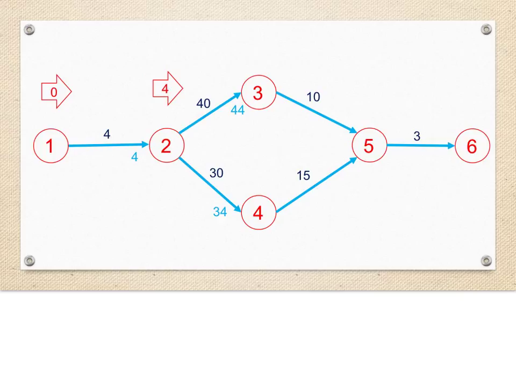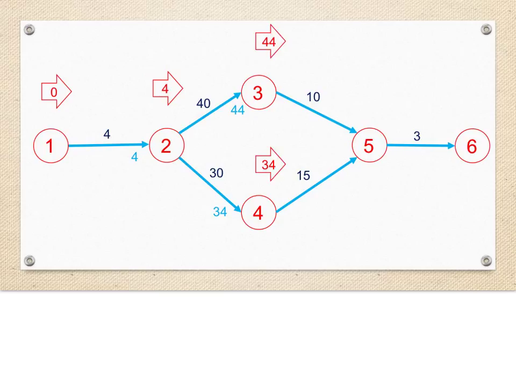We then add the duration of each of the tasks to the earliest start time, which gives us an earliest finish time of 44 days for the soil sampling, or task 2-3, after the project begins. We also get an earliest finish time of 34 days after the start of the project for the concrete sampling, or task 2-4.